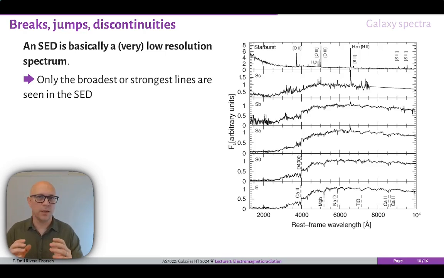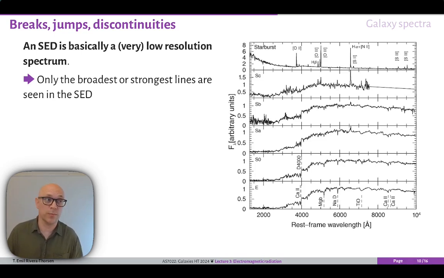And so if a narrow line is strong enough that its integrated area can compete with the integrated continuum across the entire width of the filter or the bandpass you are looking at, then this emission line will actually affect the measured brightness or magnitude in this filter, and it will show up in the SED.